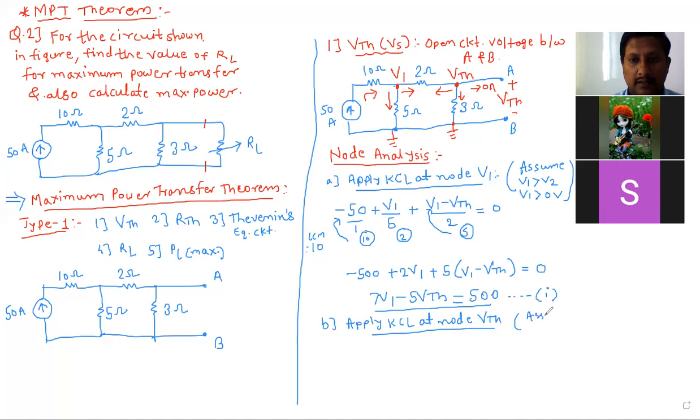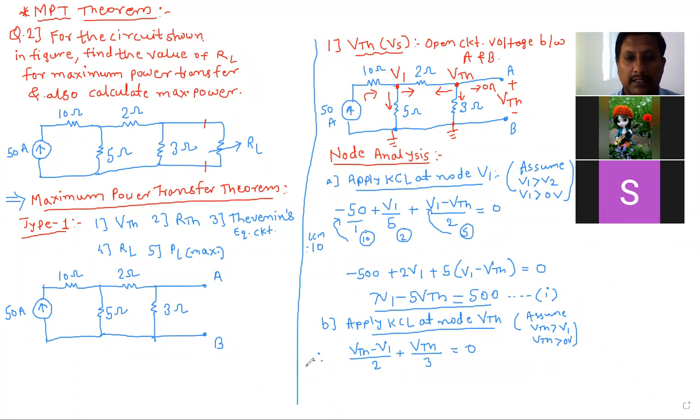So the assumption will be VTH is greater than V1 and VTH is greater than 0. The third branch is already 0 ampere because open circuit is there. So only two terms will come. Both are outgoing, that's why both are positive. VTH minus V1 divided by 2. Next plus VTH minus 0 divided by 3 is equal to 0. Already the third current is 0.